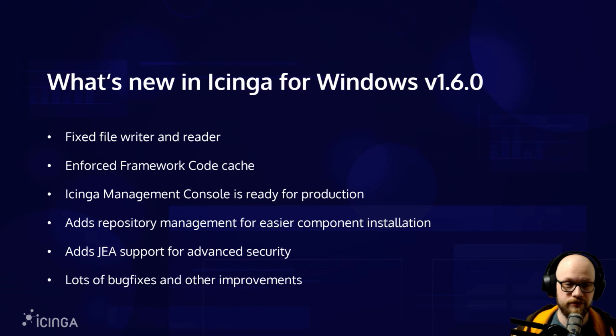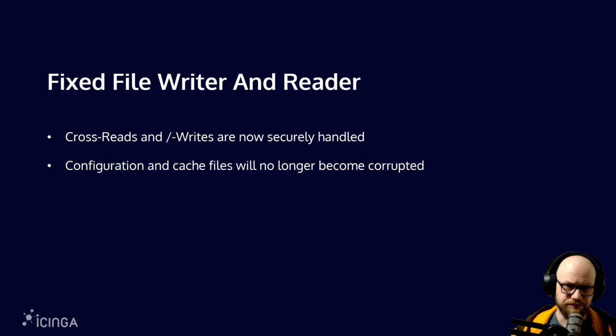We did lots of tests there to ensure that cross-reads and cross-writes no longer corrupt or destroy anything. We enforced the framework code cache. We also made the Icinga management console ready for production. We added some repository management handling, implemented JEA support, and lots of other bug fixes.